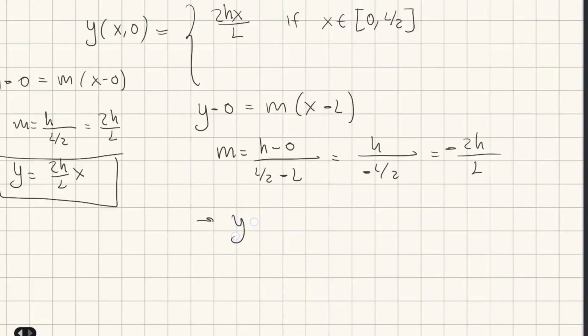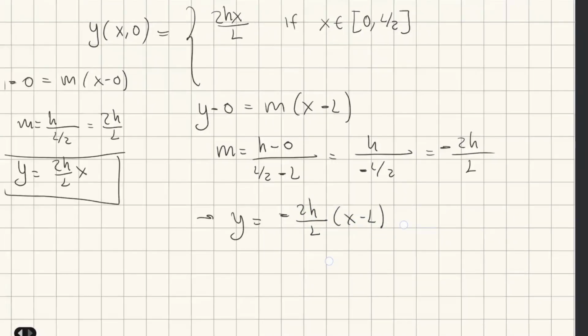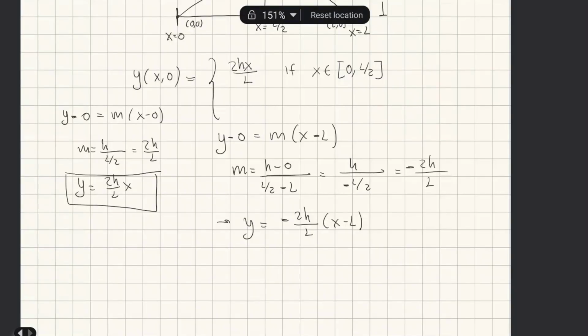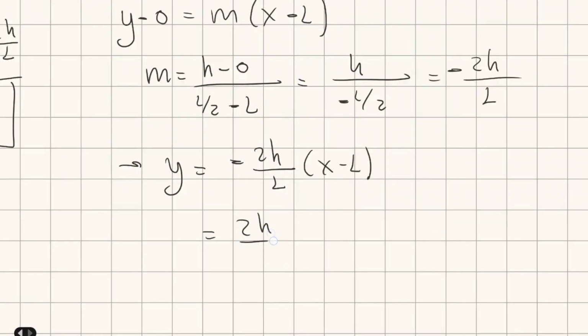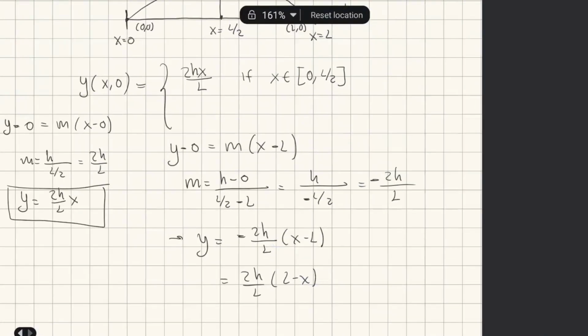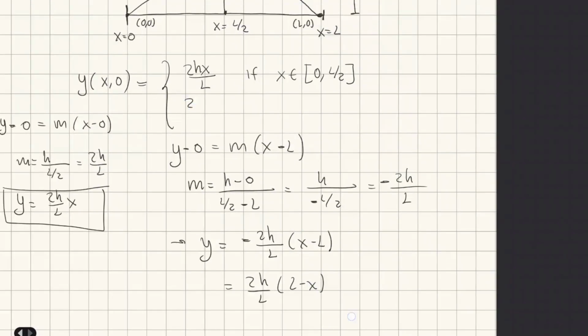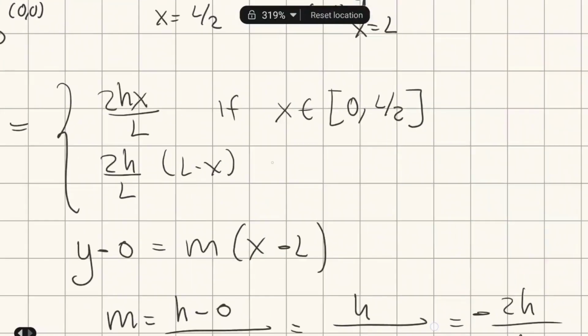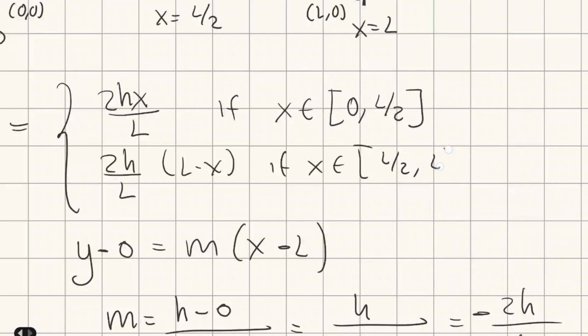So y is equal to minus 2h divided by L times x minus L, which can be seen as 2h divided by L times L minus x. Perfect. So we write that here: 2h divided by L times L minus x, if x belongs to [L divided by 2, L].